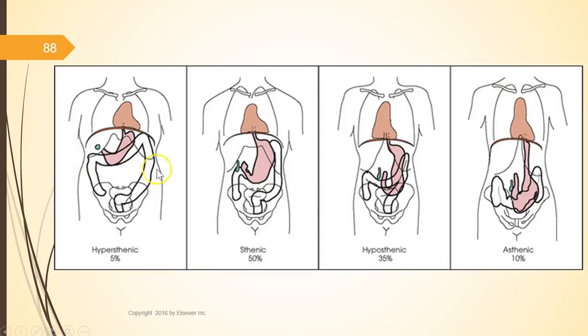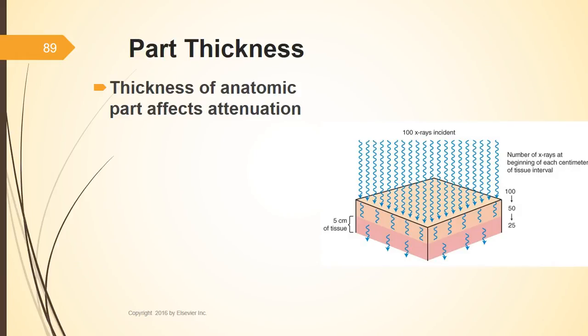We're talking about the torsos of these people and their body habitus. But at the same time, this person's arm could be a lot bigger than this person's arm. So it is every body part, but it's mostly changes in the torso itself. The thickness of the anatomic part being imaged affects the amount of X-ray beam attenuation.